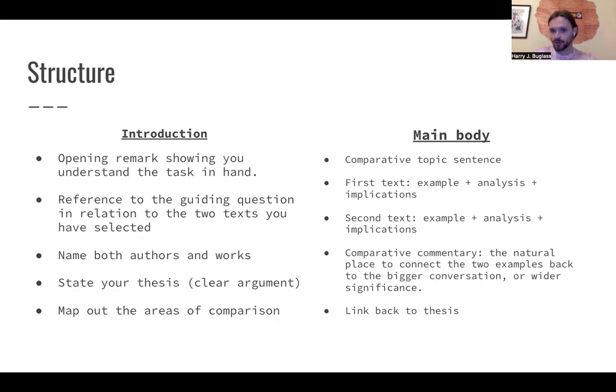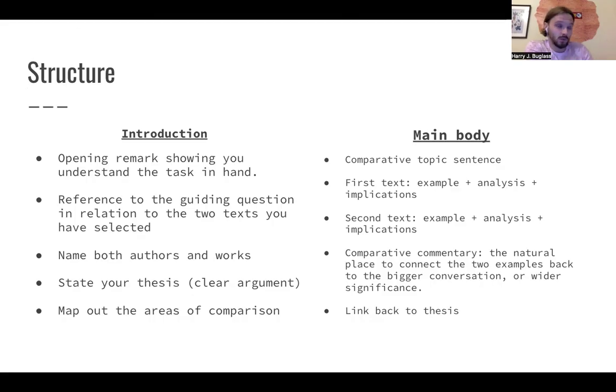You need knowledge and understanding of both texts. Present this in a comparative topic sentence, followed by reference to text one. Evidence and analyze it. Is it going to be an insightful analysis along with the implications? Don't move on. If you do one paragraph per book, that's not a comparative essay.